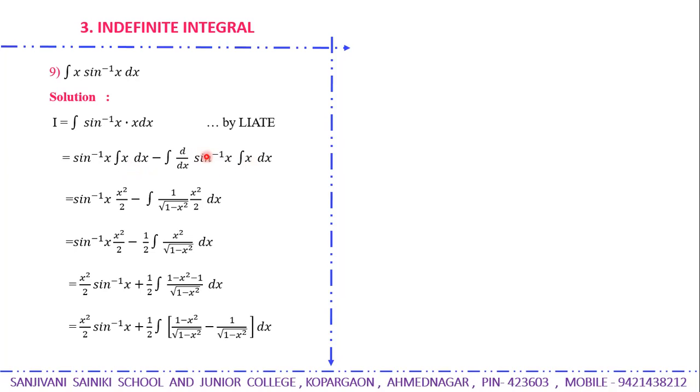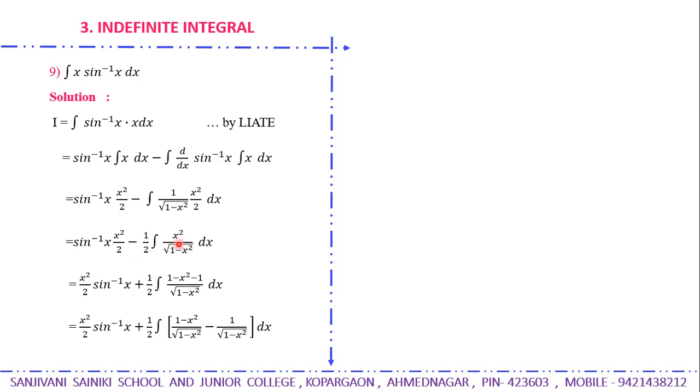Now integration of x is x square upon 2, and derivative of sine inverse of x is 1 upon root 1 minus x square. In this integral, I can take 1 upon 2 common. Then what will remain? x square upon root 1 minus x square. I will take this minus sign to here, and write plus.